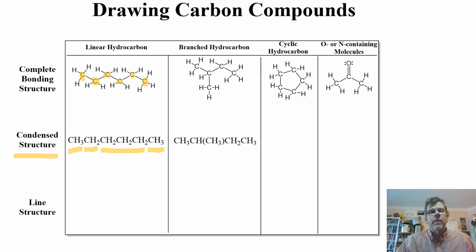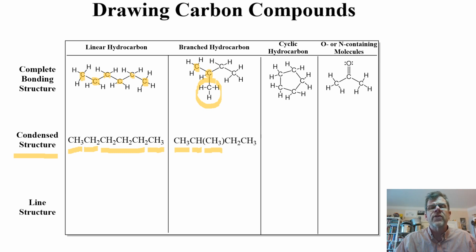If we look up at the complete bonding structure, that first carbon, again, has 3 hydrogens attached to it, CH3. Moving to the next carbon, that carbon has 1 hydrogen attached to it, CH, as well as this CH3 all by itself. And that's given parenthetically here, parentheses, CH3, closed parentheses.